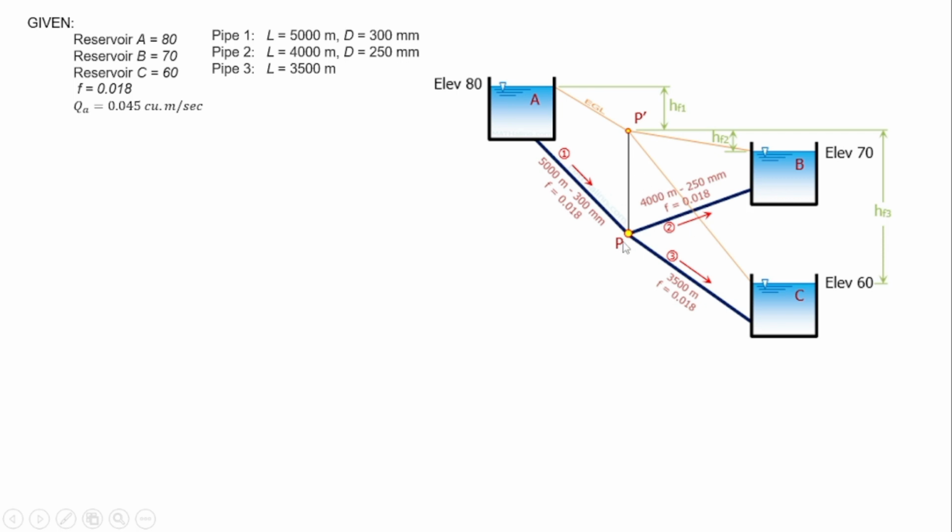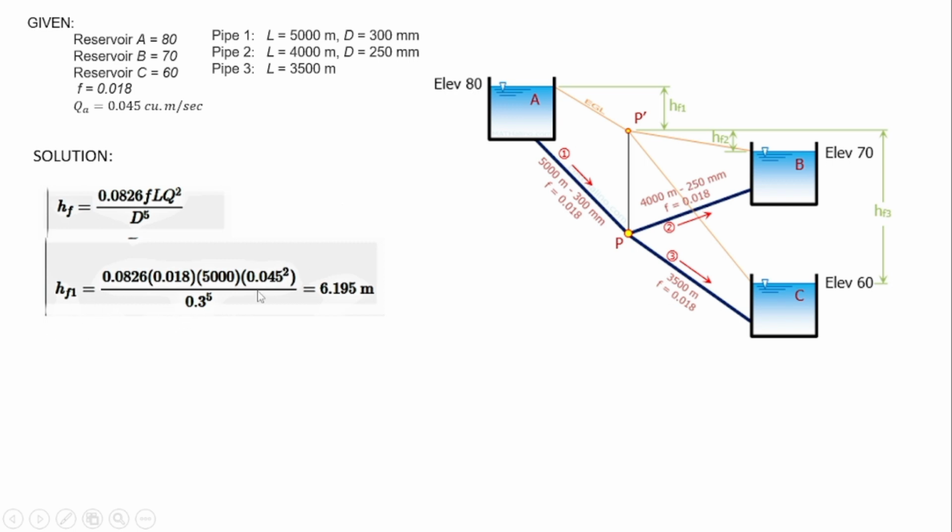Therefore, the elevation of the piezometer reading should be between elevation A and elevation B, from elevation 70 to 80, and we are asked here to find this elevation. Using the Darcy-Weisbach formula, major head loss is equal to 0.0826 friction factor times LQ squared over D raised to 5.